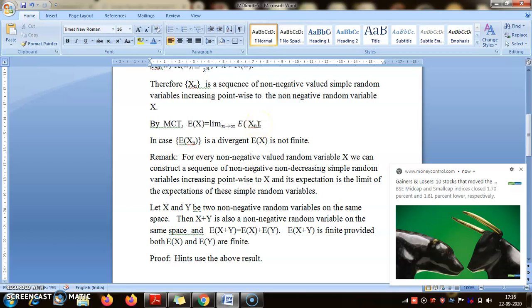And now you have to go back to the property. Remember, xn and yn are simple random variables. That is the key issue here. Going back to the properties of simple random variables, expectation of xn plus yn will be additive, and then you apply the algebra of limits. And that's it. So I'll stop here.